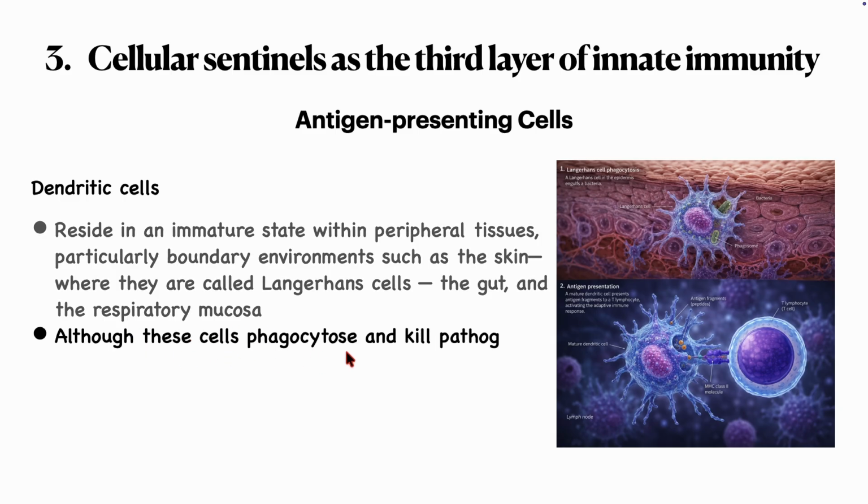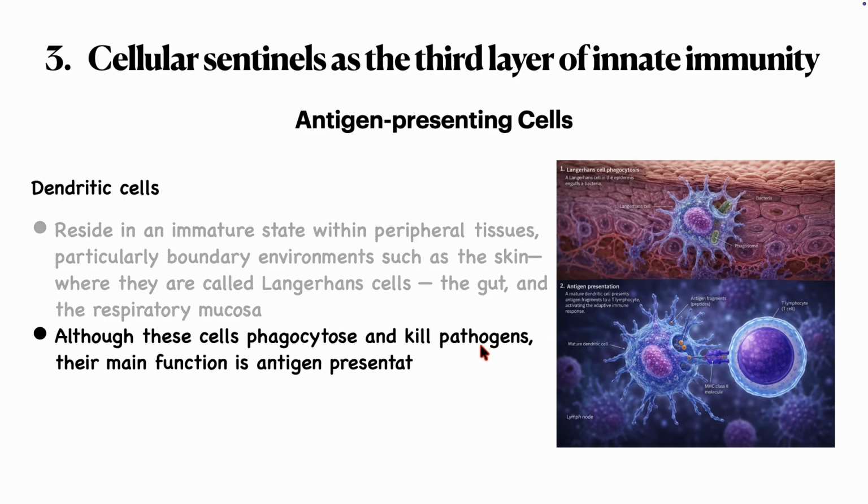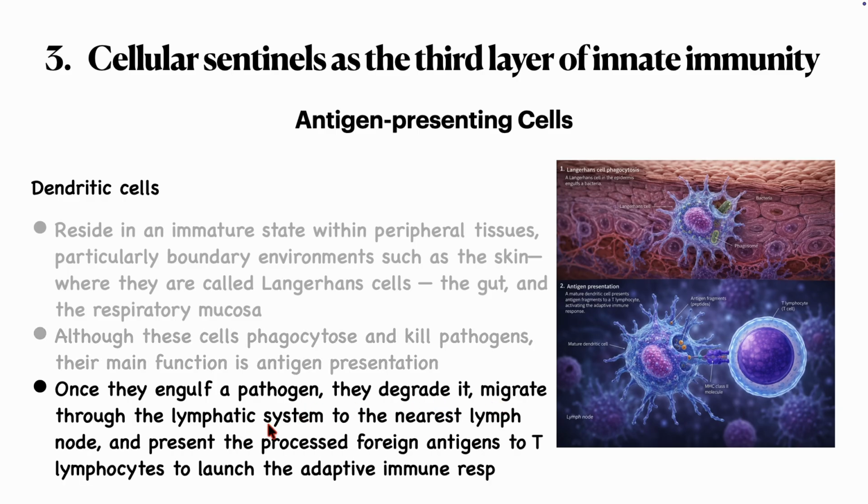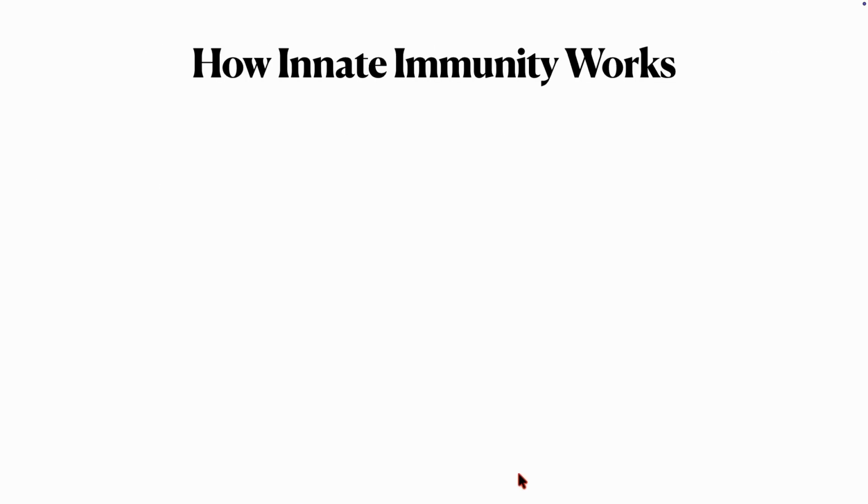Although these cells phagocytose and kill pathogens, their main function is antigen presentation. Once they engulf a pathogen, they degrade it, migrate through the lymphatic system to the nearest lymph node, and present the processed foreign antigens to T lymphocytes to launch the adaptive immune response.